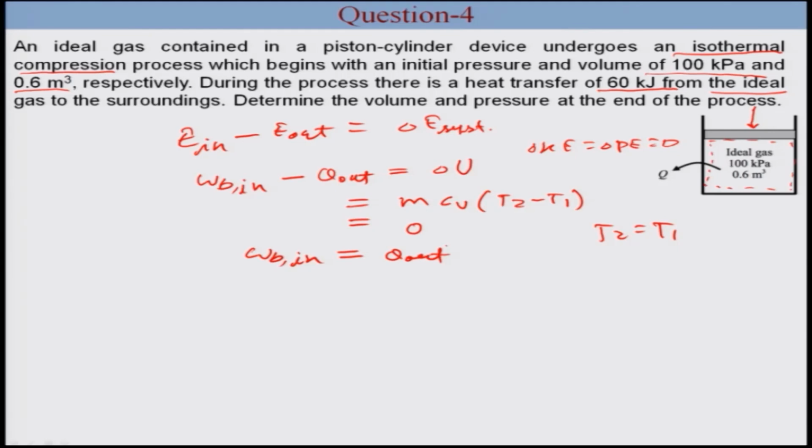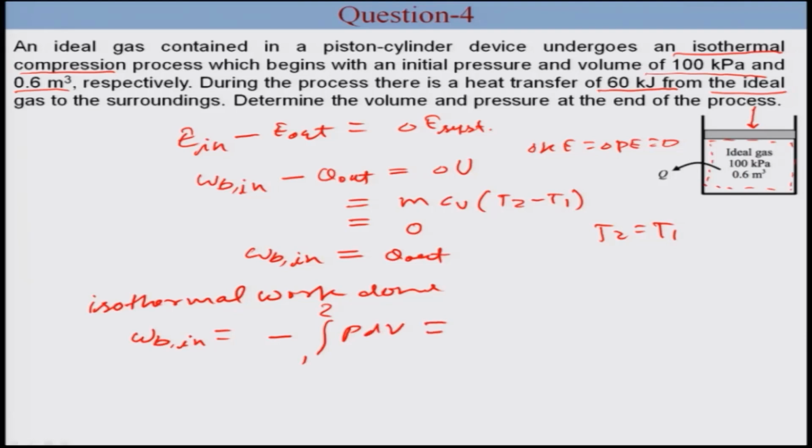So we know isothermal work done Wb in is nothing but the PdV work from state 1 to 2, which is P1 V1 ln of V1 upon V2.